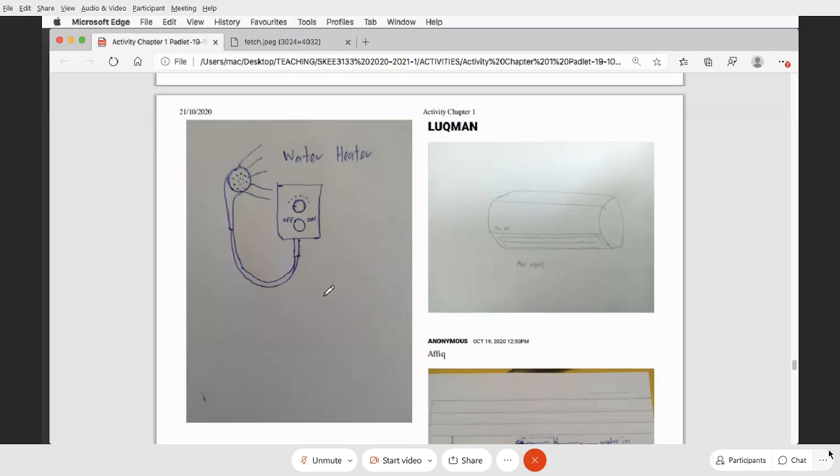Something like a water heater. Is a water heater an open loop or closed loop system? Depends on the price. Majority, I think, is closed loop system. You need to maintain the temperature. Why closed? You set the temperature here. Basically, they try to maintain the temperature, maybe with on-off control, using different types of controller.